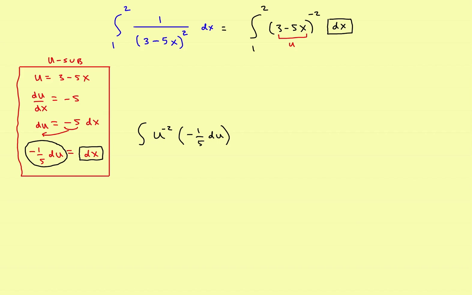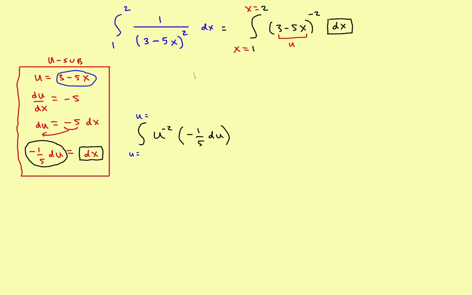Now once again, just a reminder, when it was in this form, these are x limits. This is from x equals 1 to x equals 2. So what I want to do is change it into u limits, so I need u equals something to u equals something. So I'll use the same thing to find out what those are. So u is equal to 3 minus 5x.